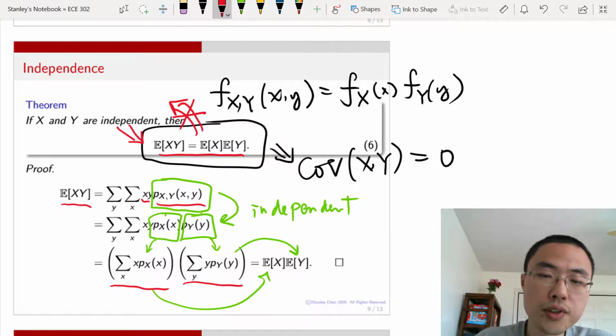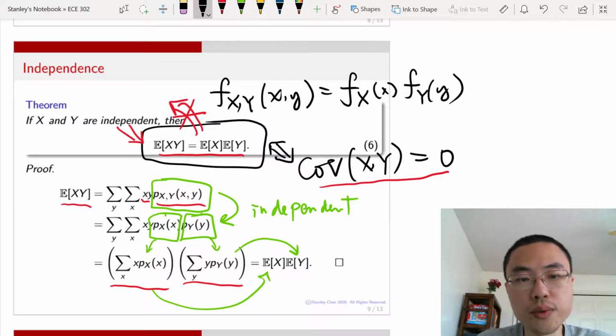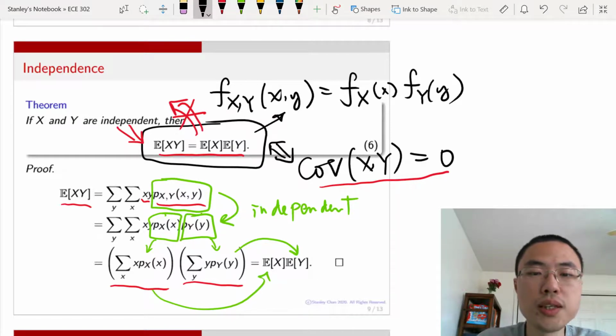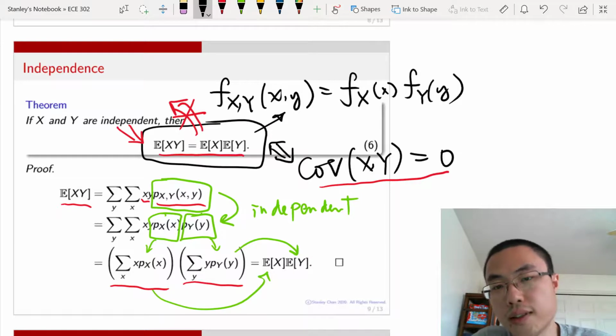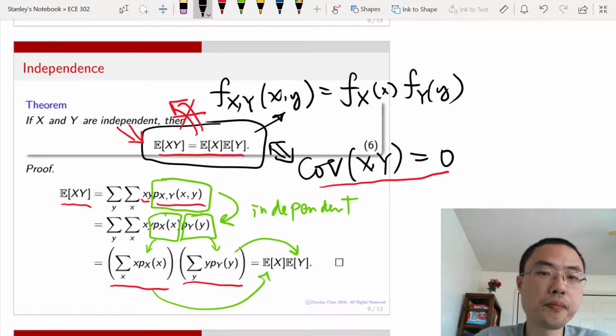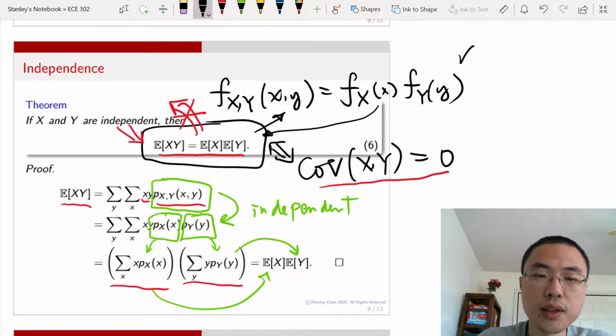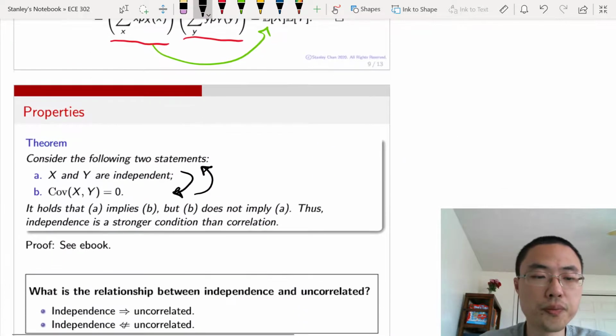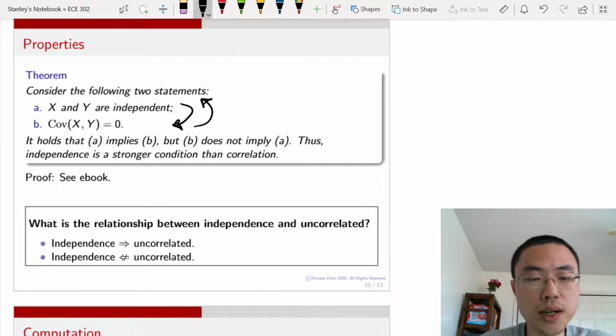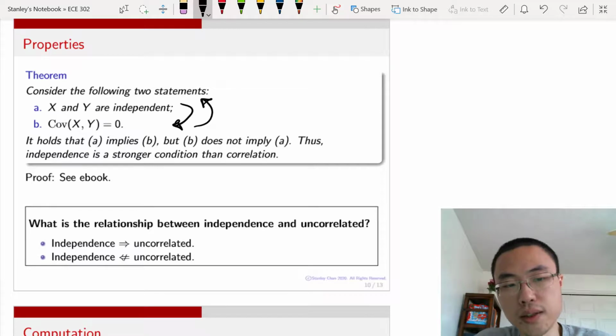Now, if you start with the covariance equal to 0, meaning that your joint expectation can be written as a product of expectations, that does not mean that the joint PDF can be factorized into a product of PDFs. Independence is a much stronger condition. Having independence, you'll be able to prove uncorrelatedness, but having that, you cannot prove the other one. Therefore independence implies uncorrelated, but uncorrelated does not imply independence.